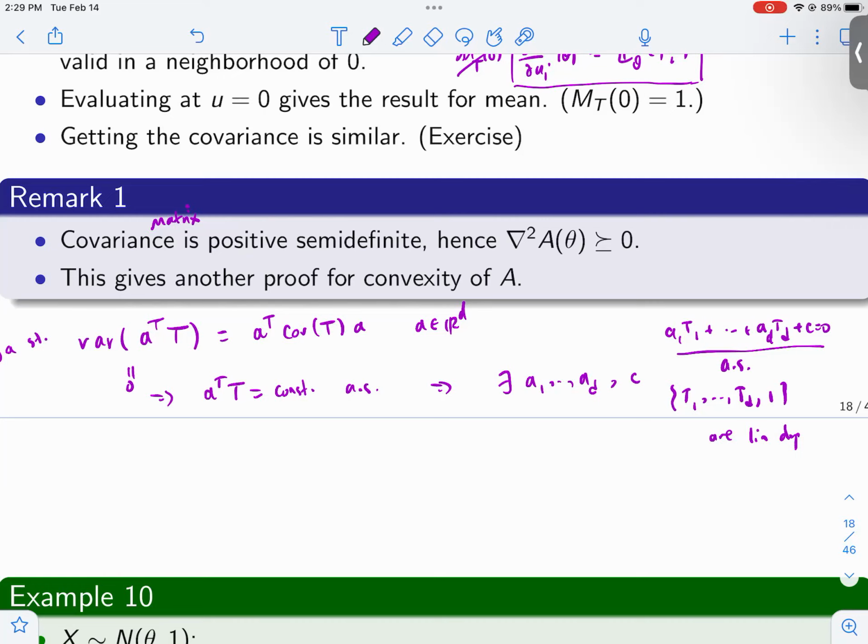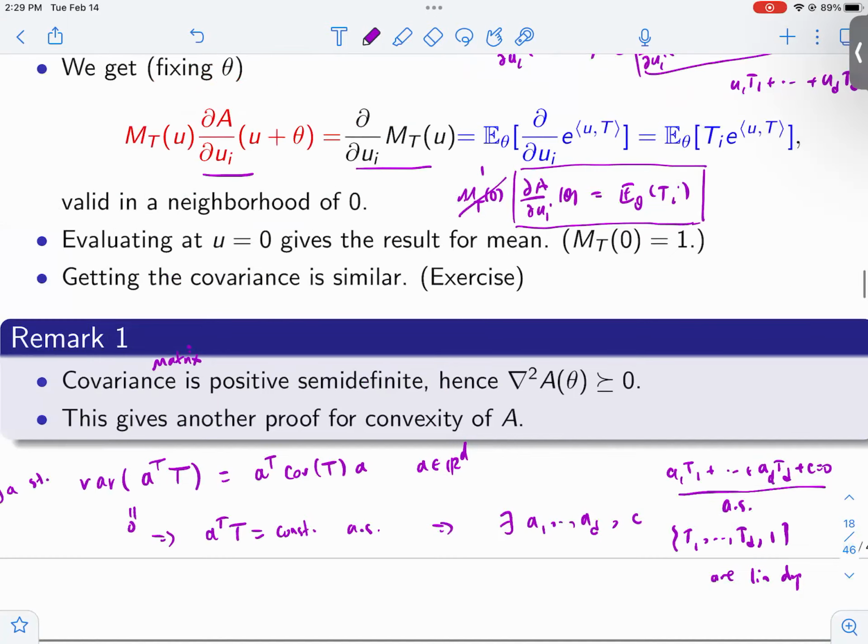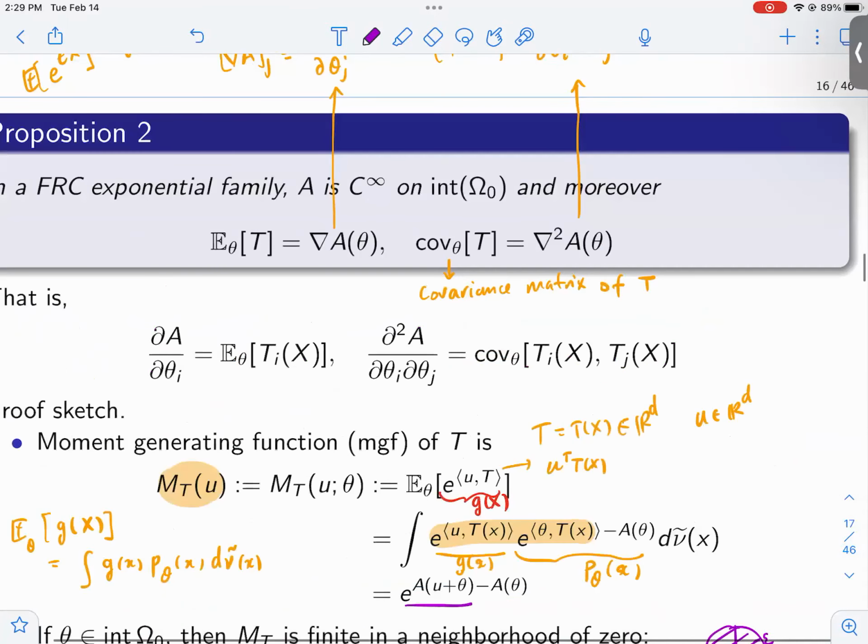And so that would mean the covariance is singular, and that would mean the gradient of A would not be regular. But if you're in a full rank family, because the covariance can't be like that, then the Hessian can't be like that. So the Hessian would be full rank.